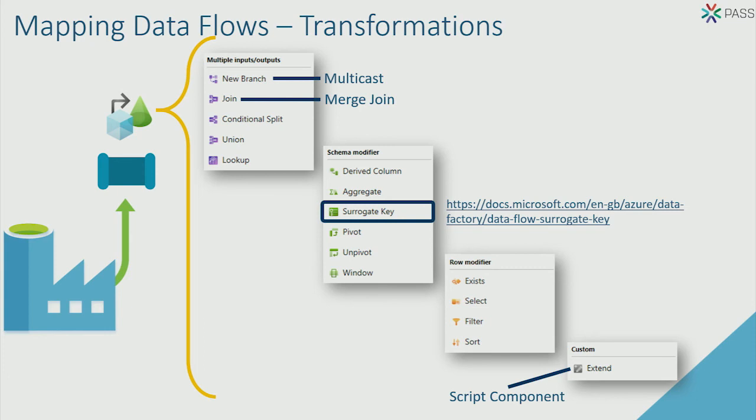We can just have that surrogate key in there. Good. We have a script component equivalent where we can write our own Scala and we can compile it and we can give it to our data flow to work with alongside our process. But I'd make the argument, well, if we're writing Scala, compiling it, giving it to our data flows, why don't we just write all of our transforms in Scala? Why do we need data flows to wrap that up? But the option's there if we want it.